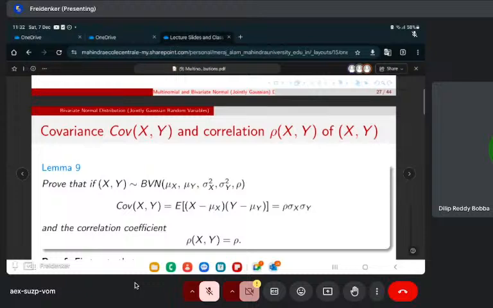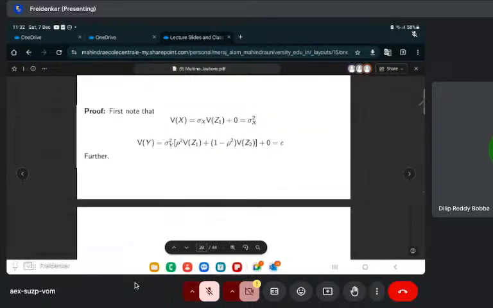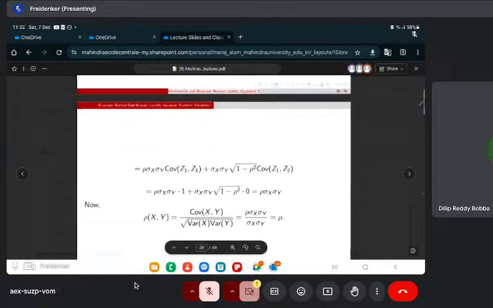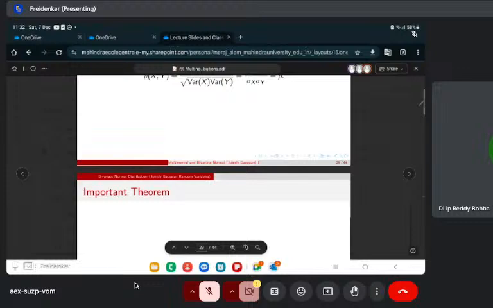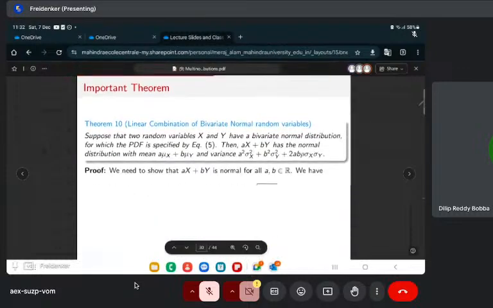But here, since we already know the answer, we are not going through the story that the slides are presenting to us. So there's nothing to prove here. Just move on. We know that rho is a correlation coefficient, right?